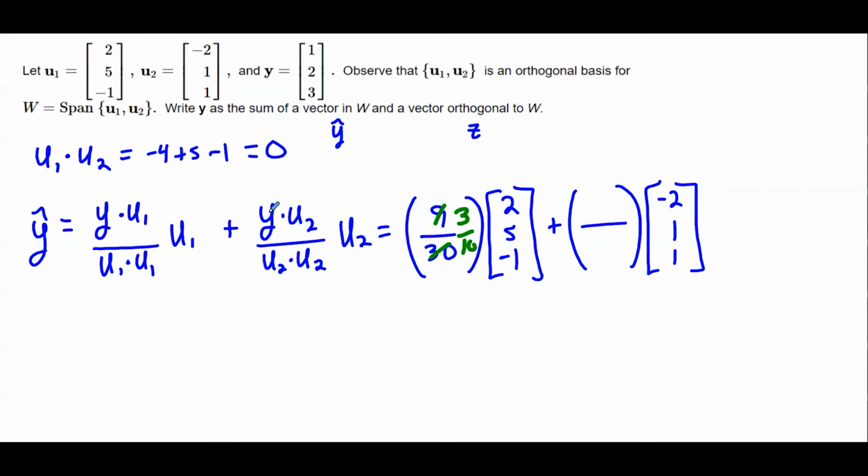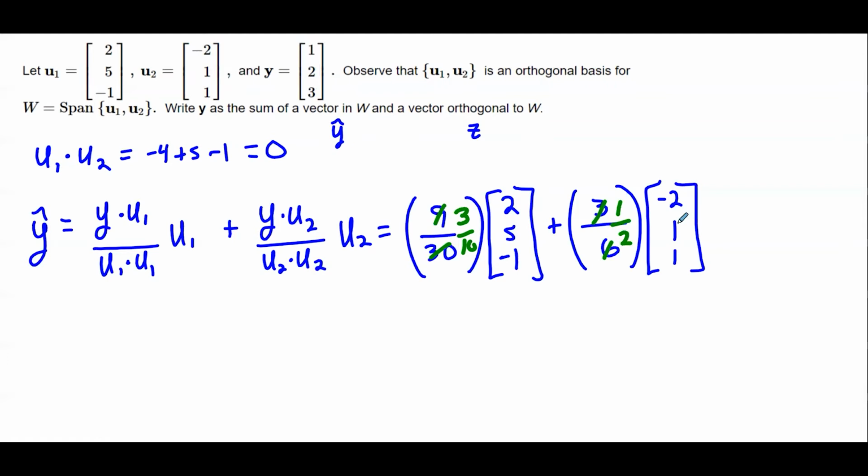The second one is y dot u2. So -2, +2, +3. So this is going to be 3. And then u2 dotted with itself, 4, 1, and 1. That's equal to 6. So this one reduces as well. So this would be 1/2.